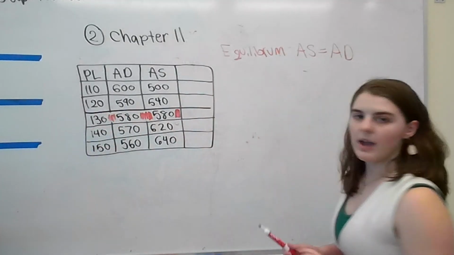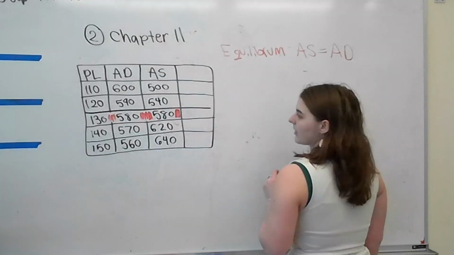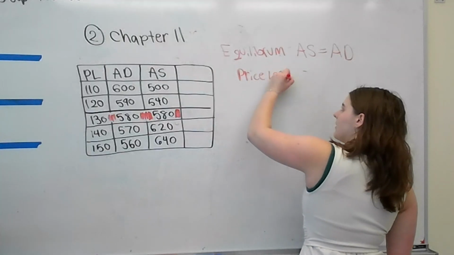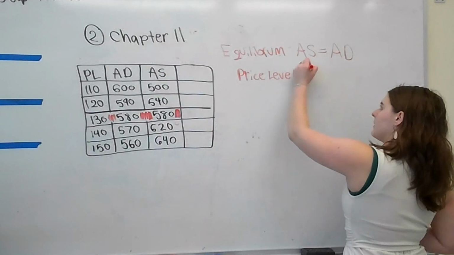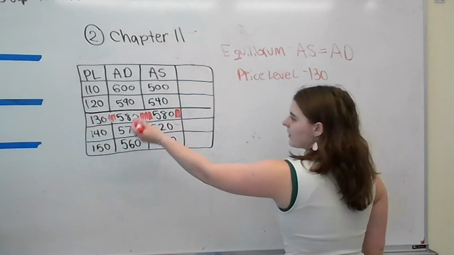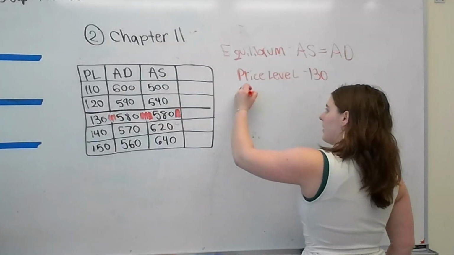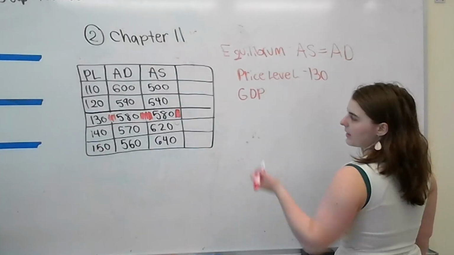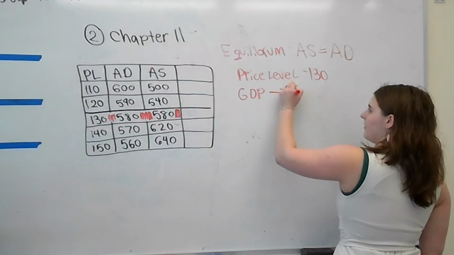So we can already say, without even having to do anything, that our equilibrium is going to be at a price level of 130. And this is our GDP measure, right? This is how big our economy's scale is going to be at that GDP level, or where aggregate demand and aggregate supply are at 580.